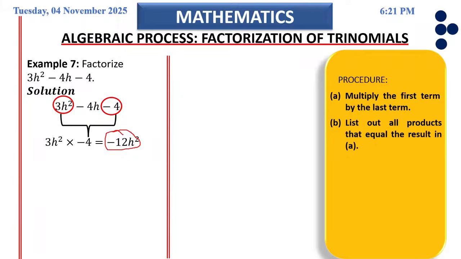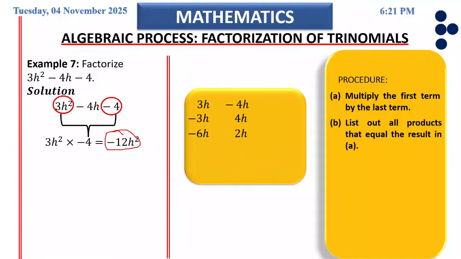Now, what's the next procedure? List out all the products that equal the result in A. Our result is minus 12h squared, so we want to check out all the products that will give us that value. If you multiply 3h times minus 4h, it will give you minus 12h squared.